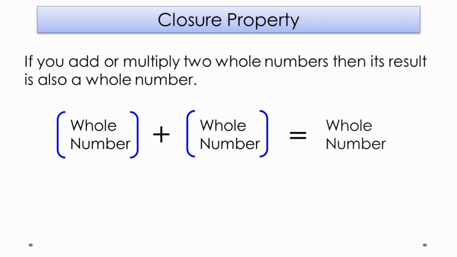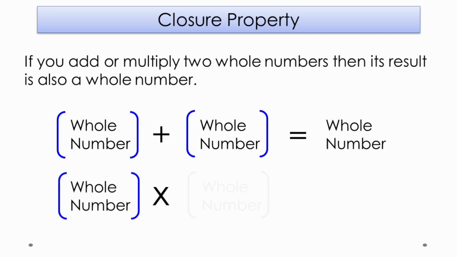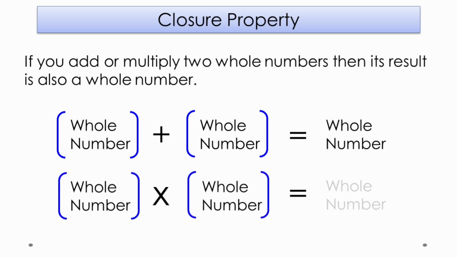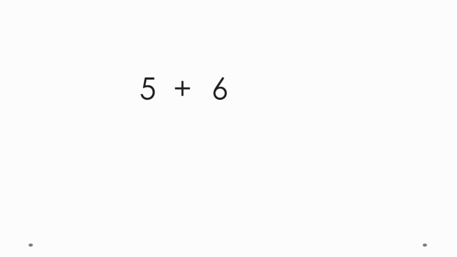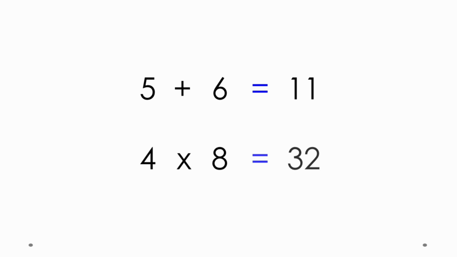And whole number multiplied by whole number is also a whole number. For example, if we add two whole numbers 5 and 6, the result is 11, which is also a whole number. If we multiply two whole numbers 4 and 8, the result is 32, which is also a whole number.